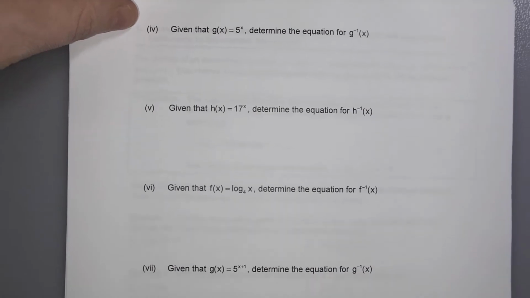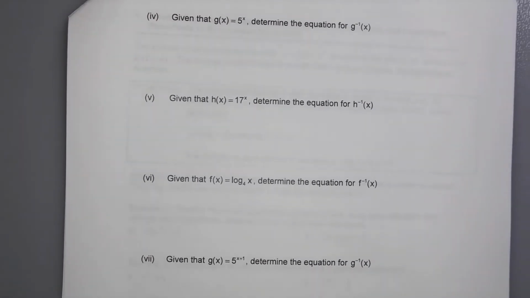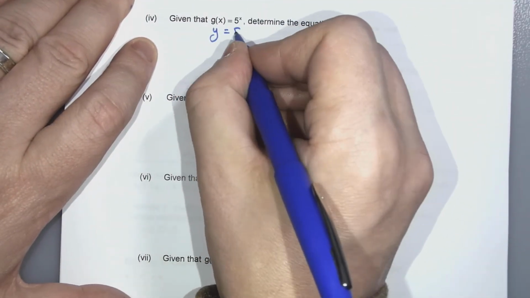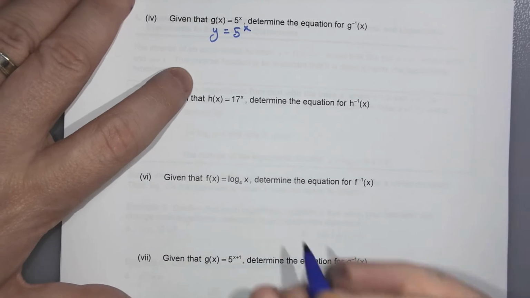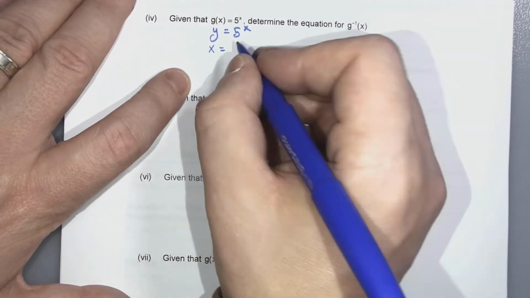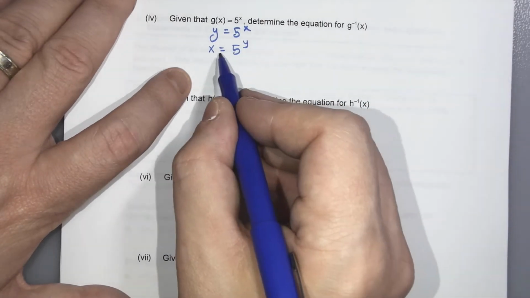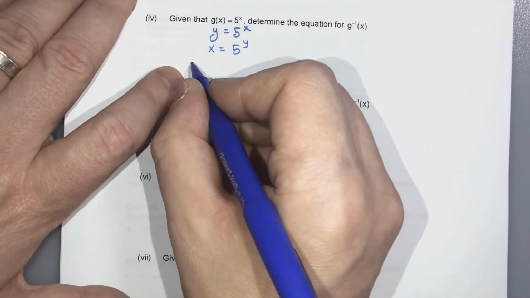So what's nice about this is if you need to find the inverse function of 5 to the x, this time I'll follow the standard process that we've been doing. Rewrite g of x as y equals f of x, switch x and y, x equals 5 to the y, undo the exponentiation.